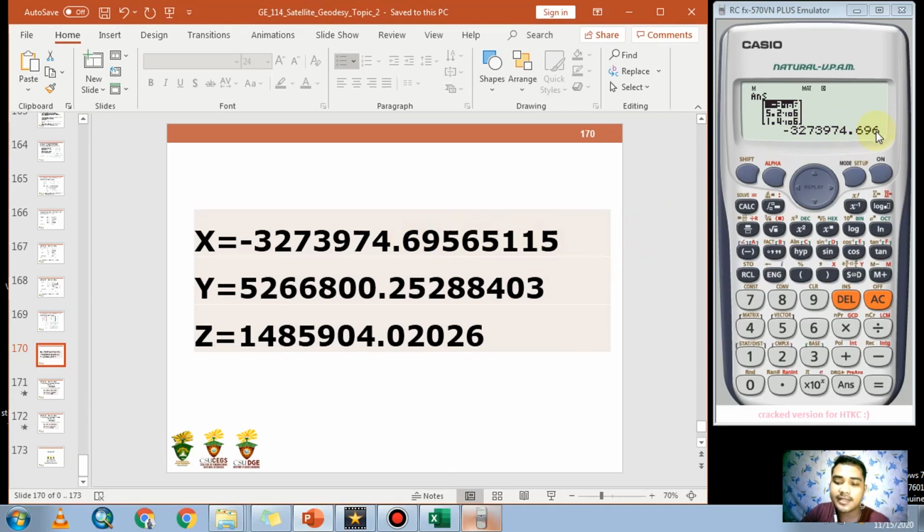So therefore, sakto atong answer sa x coordinate, which is this mo na ni ang coordinates nga transform from WGS84 mao ni ang transform coordinates into PRS92. For y, we have 5266,800.253. So again, 3 decimal places lang iyang kaya.